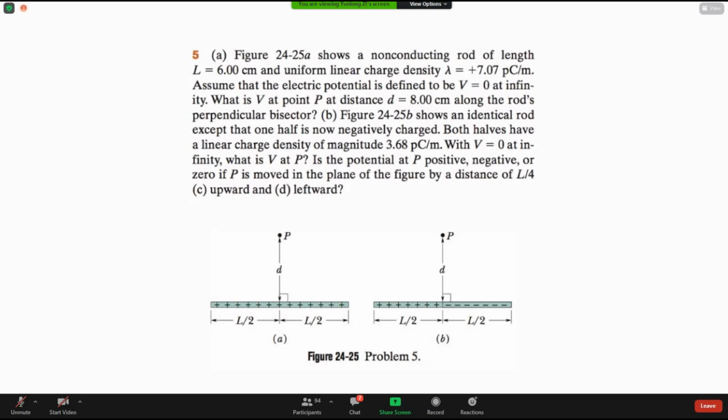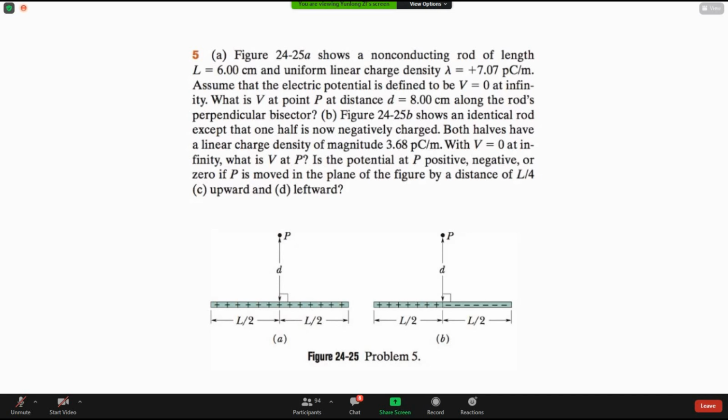For this problem, we already have V equal to 0 at infinity, right? That is consistent with Coulomb's equation for the point charge, because in that equation you make V equal to 0 at infinity at the beginning. In that case, we can calculate the total potential by integrating along this line.